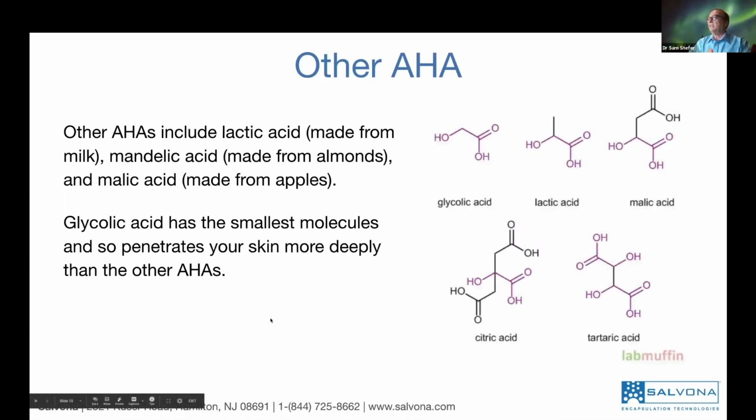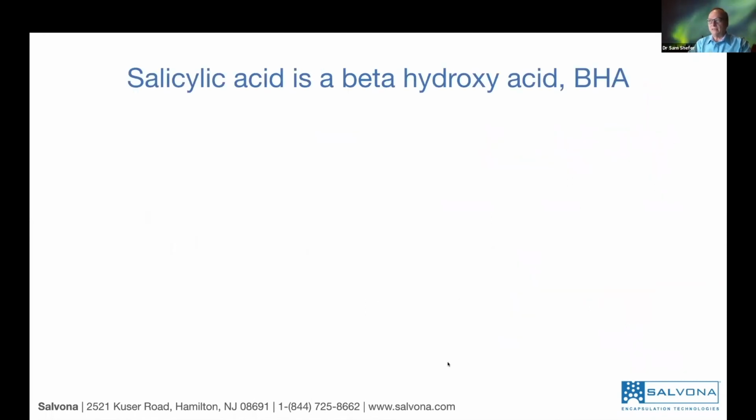You see here the structure. This is a typical alpha, and you see here additional carbon makes it lactic, malic, and citric, and other acids that are all considered alpha hydroxy acids, and they all have very much the same properties. The smaller the molecule, the better the penetration is.